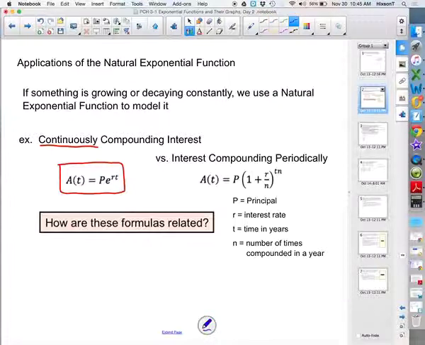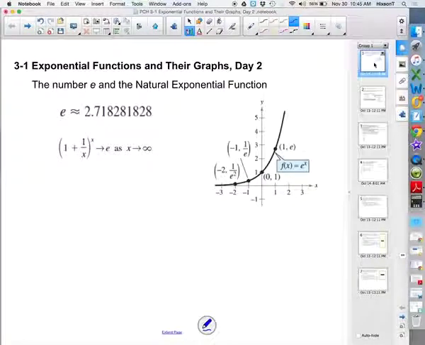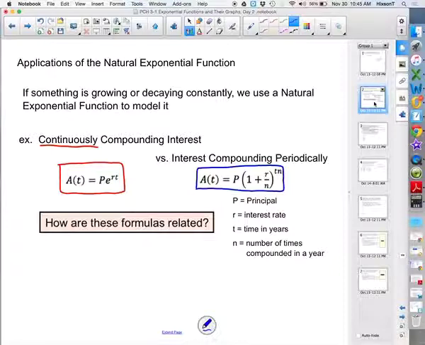Now, when things are changing periodically or at a set interval of time, we would use this formula. And by the way, remember what e was. E was that 1 plus 1 over x to the x. Okay? Well, look at here. Here you see a 1 plus something over n to a tn power.